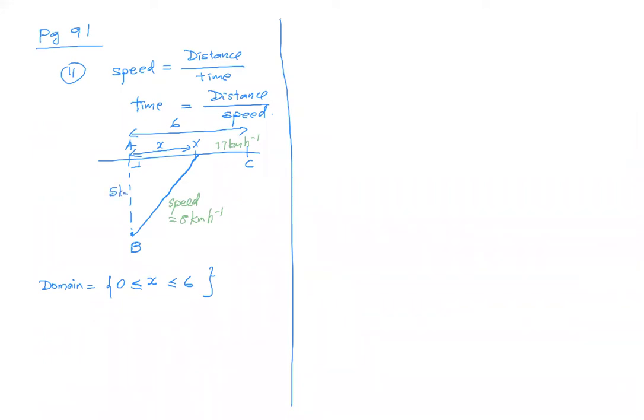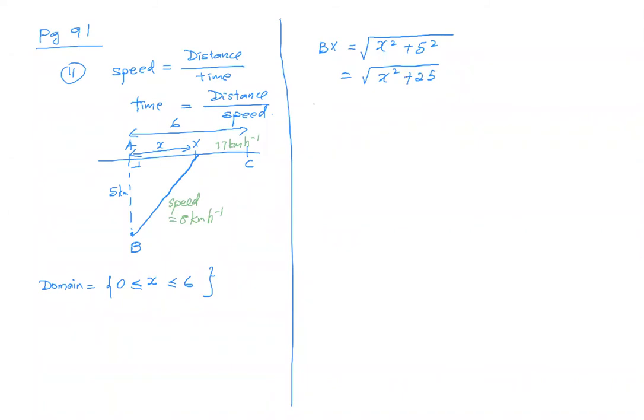So first of all, you have to get the distance first. So now how to get Bx? You use Pythagoras theorem, correct? So it's x squared plus 5 squared. So you got x squared plus 25.